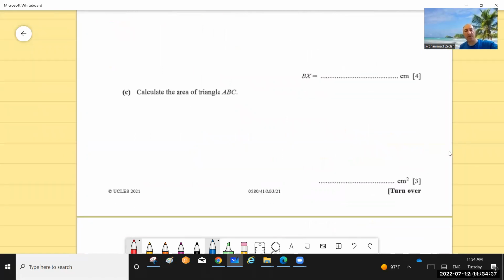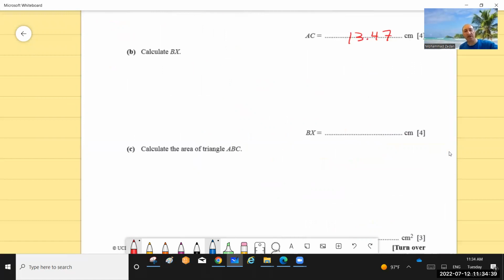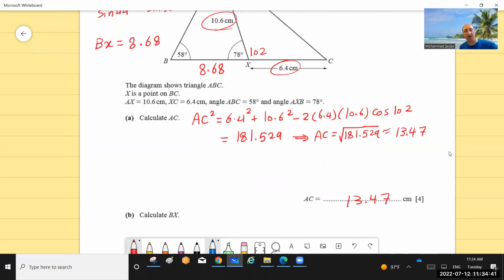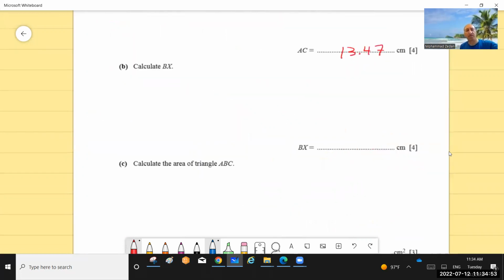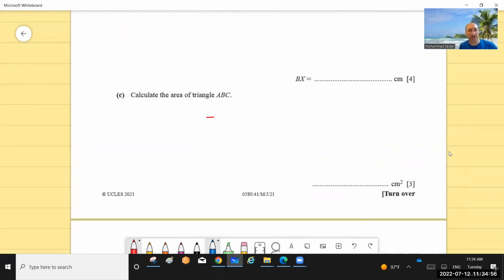And after that, calculate the area of the triangle ABC. The triangle ABC is the bigger shape, the sum of the two triangles. So you can apply half AB sine C for the area of the triangle, applied here on this triangle, and also applied here, and then add the two values. So calculate the total surface area of the triangle.